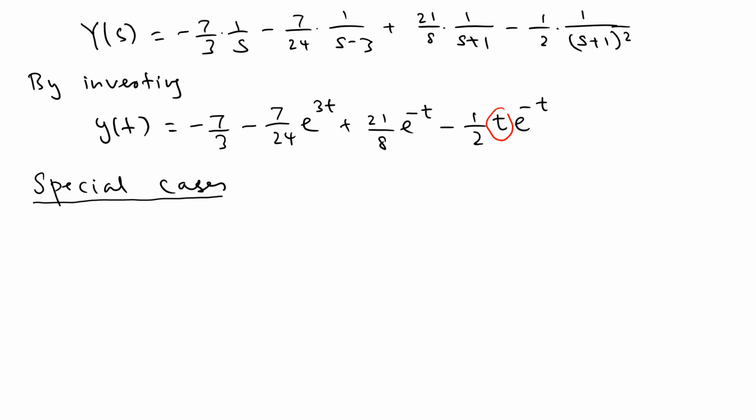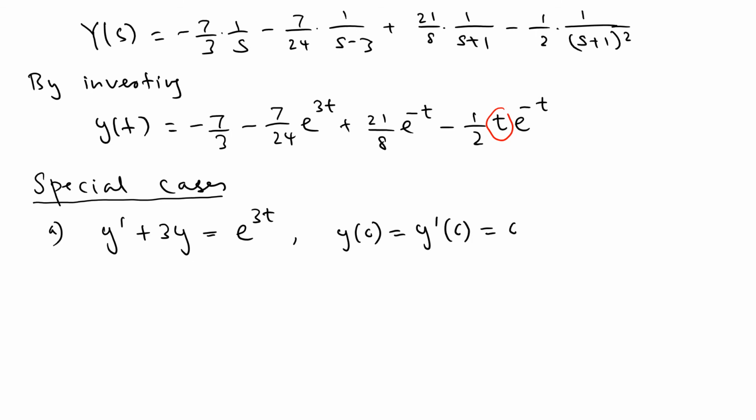So one special case is this. Let's say A. If you want to solve y prime plus 3y equals e to the 3t, along with, just to make things easy, let's say these initial conditions are all 0. If you get a problem like that, we know we can solve it. This is first order linear.